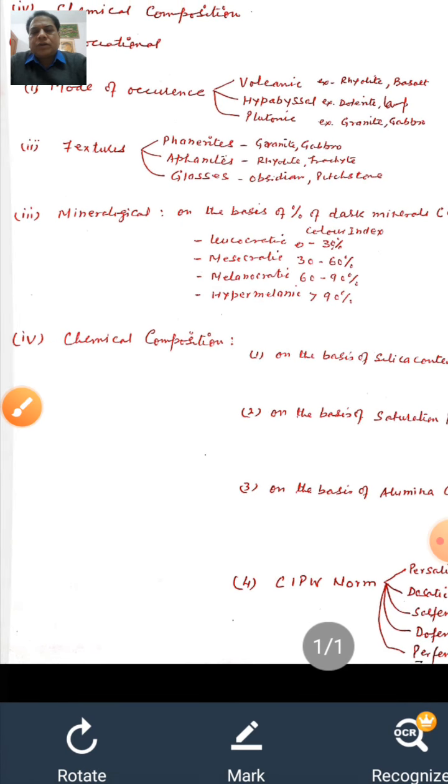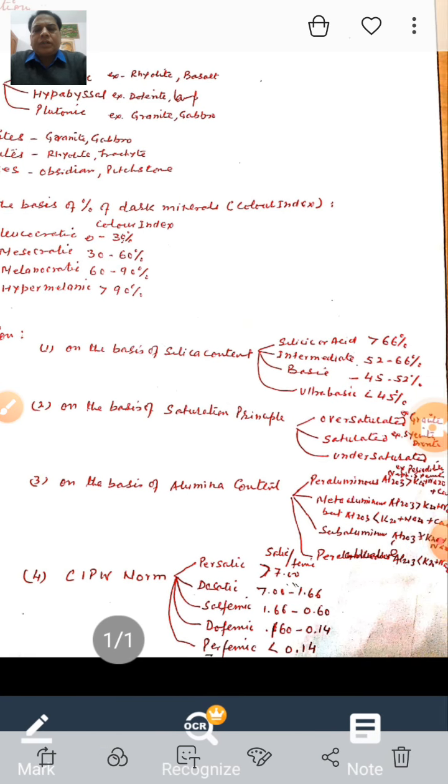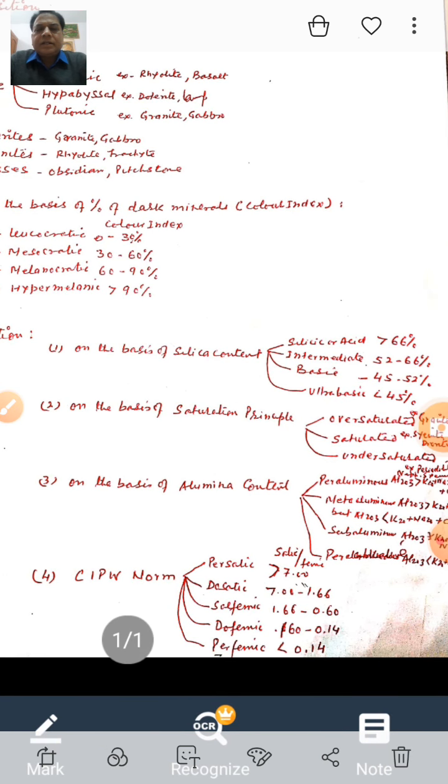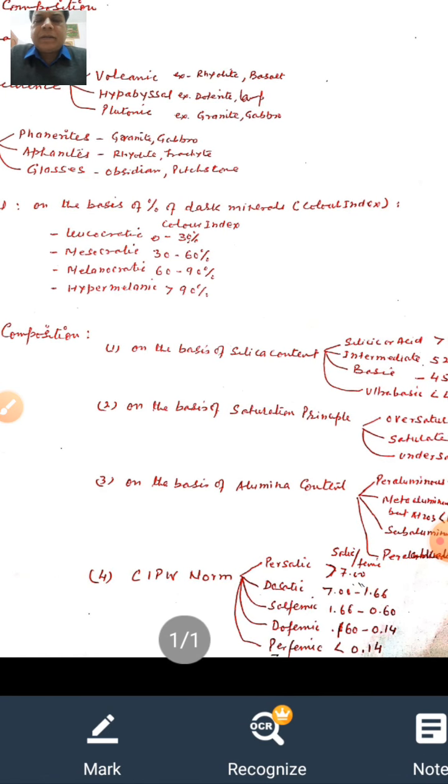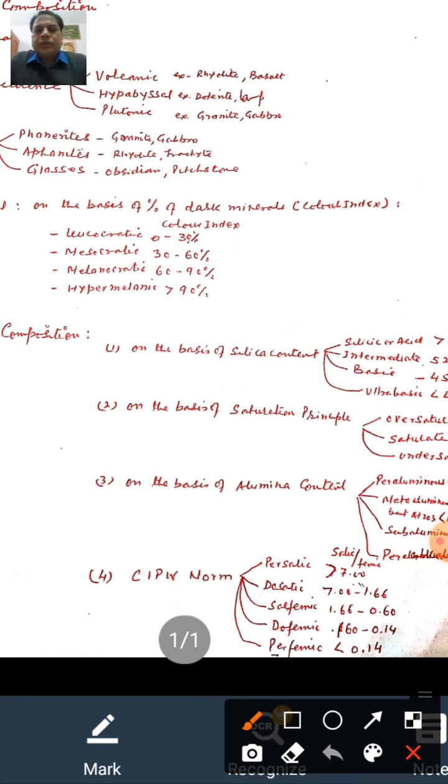Now the next basis of classification is the chemical composition. On the basis of the chemical composition, there are various parameters. You all know that igneous rocks are characterized in terms of their silica content. The most dominant oxide is silica.